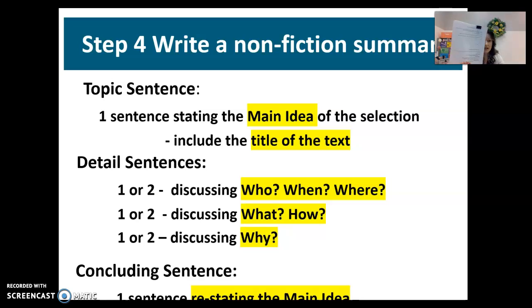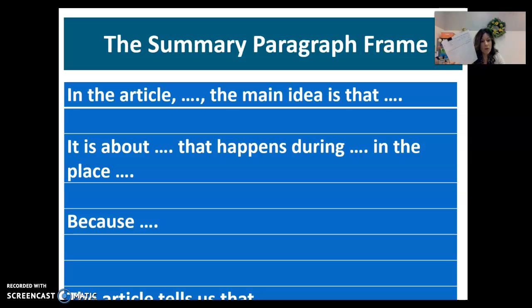Your note sheet looks like this, and I gave that to you in class on Thursday. Now, if you flip this note sheet over, you will find one more thing that may help you on Thursday when we go to write the summary. It's called a paragraph frame, and this gives you some sentence stems and some help in figuring out how you could start or set up your summary paragraph.